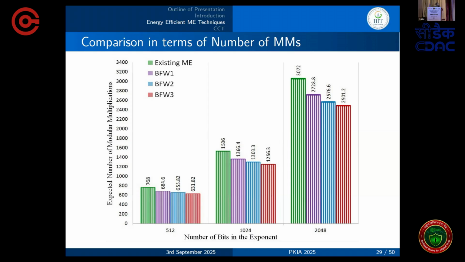The green spike is indicating the multiplications needed for the existing technique. The remaining 3 are our proposed techniques. The red one is indicating bit forwarding 3 bit, the blue is indicating bit forwarding 2 bit, and the purple is indicating bit forwarding 1 bit.